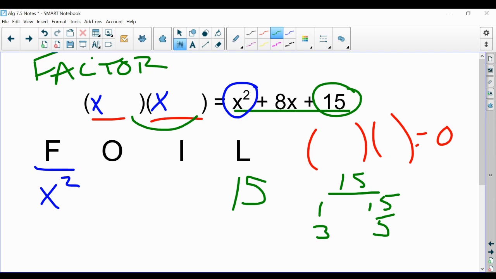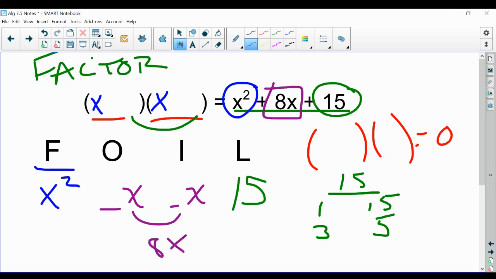Okay, so before we guess as to which ones the last terms are going to be, let's think about our outer and inner terms. Our outer and inner terms are usually something times x and something times x, and these are going to combine to get 8x. And when I say combine, I mean we're adding them together. So I'm looking for two terms that when I add them together, I'm going to get 8x.